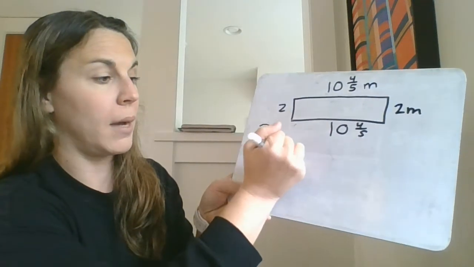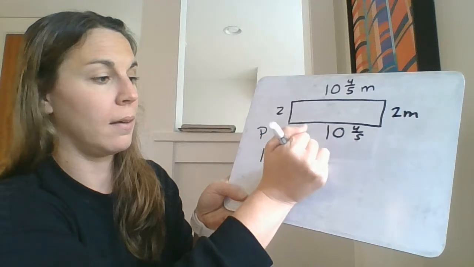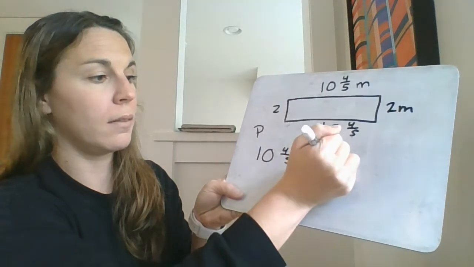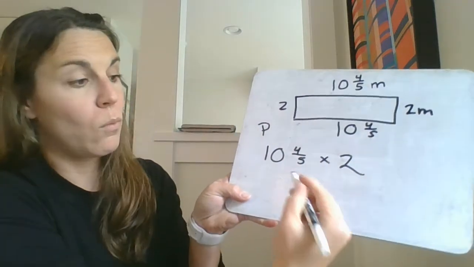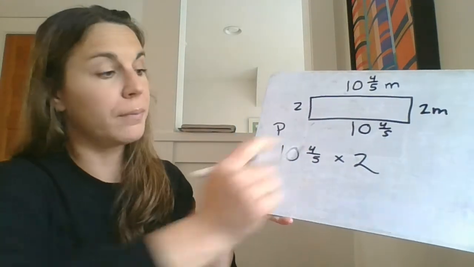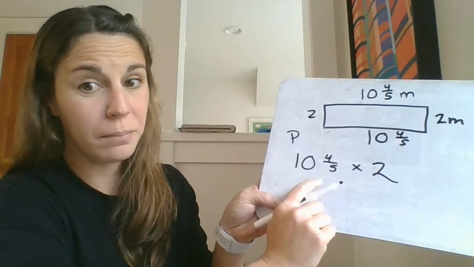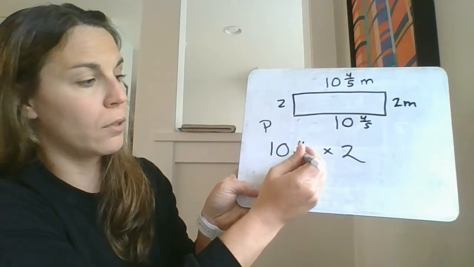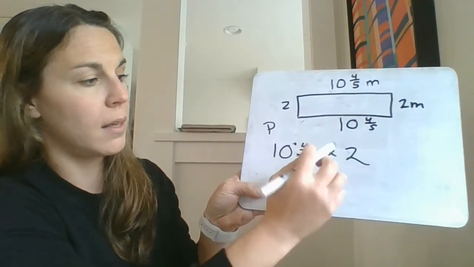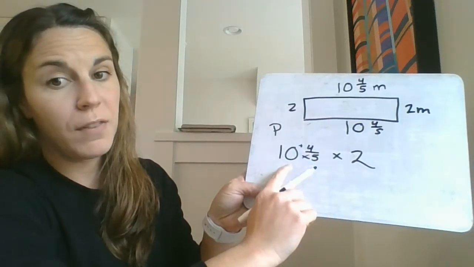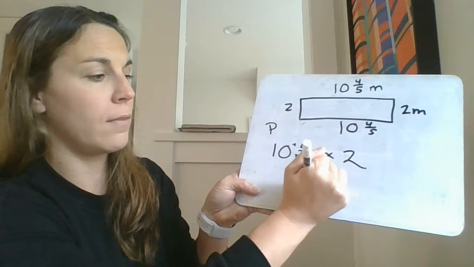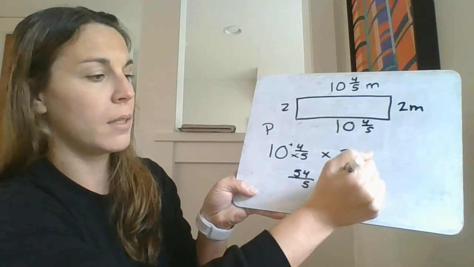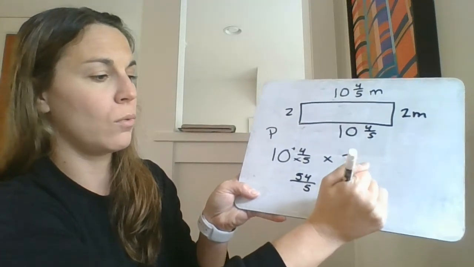So I'm going to take my 10 4/5 and I'm going to times it by 2 because there's 2 sides. Okay, and what do I have to do if I have a mixed number? Yeah, I'm going to turn it into an improper fraction. So I'm going to do my times plus. So 5 times 10 is 50, plus 4 is 54 fifths times 2 over 1.